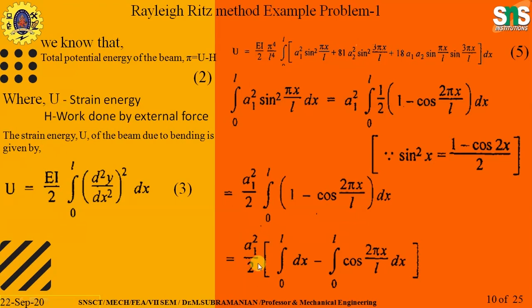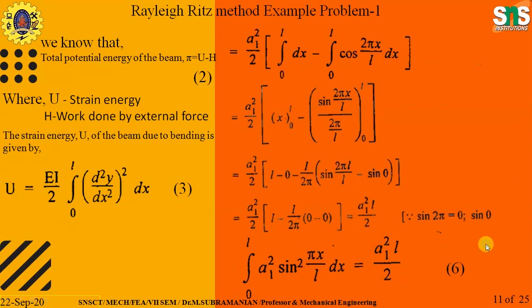So a1 squared, with the constant half outside, integration from 0 to L of 1 minus cos(2 pi x divided by L) dx. So a1 squared divided by 2, I am putting the integral inside: integration from 0 to L dx, minus integration from 0 to L cos(2 pi x divided by L) dx.